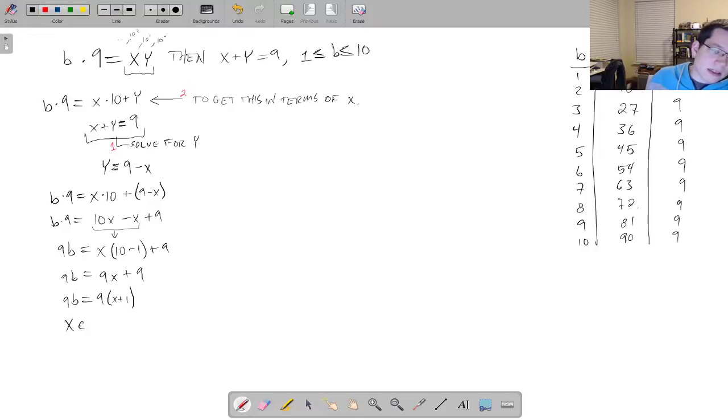Well, x is an integer because it's a digit of a number, and you can't have 3.1 as a digit in a number. So you can't have 3.15. You can have 35, but you can't have 3.15. That just doesn't make sense, because x is a digit.